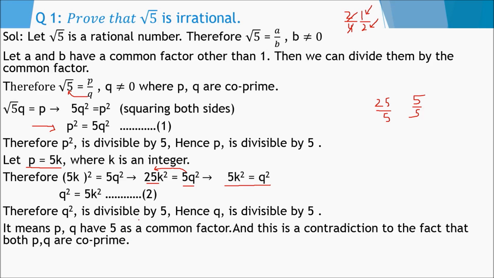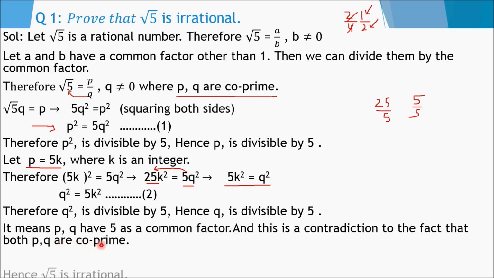But it is a contradiction. Why? Because of this line, that is p comma q are co-prime. It is a contradiction to the fact that both p and q are co-prime.